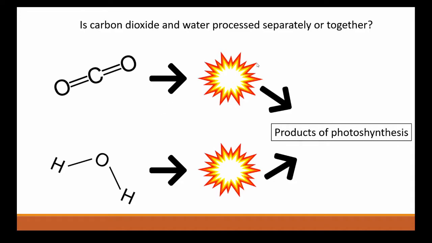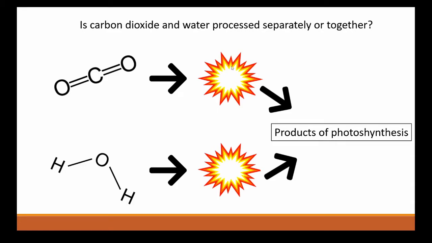Next, they were also questioning whether photosynthesis happened with separate processes, or if it's just one single continuous process. A lot of people said maybe carbon dioxide goes through a single process in the cell, and water goes through a separate process.